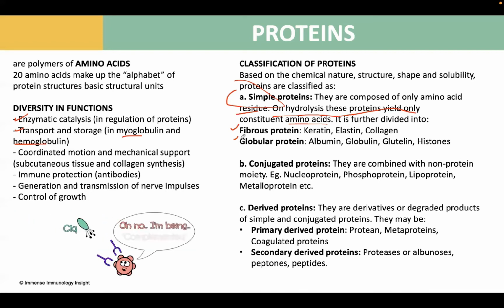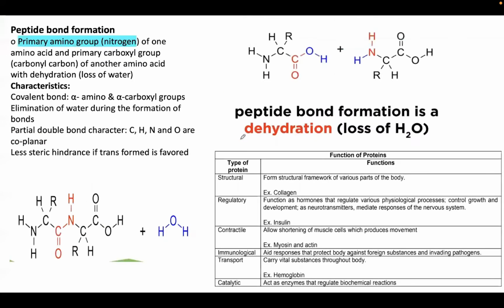They are derivatives or degraded products of simple and conjugated proteins, and they may be primary derived or secondary derived proteins. Examples of primary derived are proteans, metaproteins, and coagulated proteins. Examples of secondary derived proteins are proteoses or albumoses, peptones, and peptides.